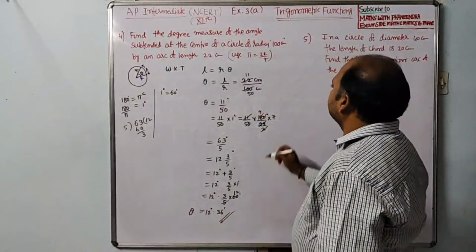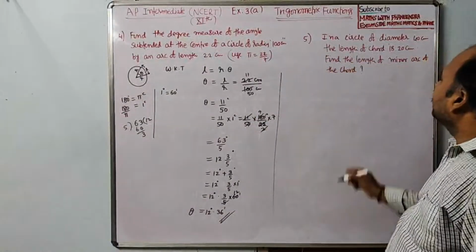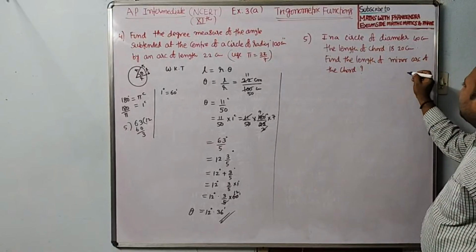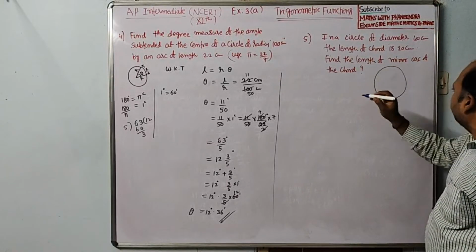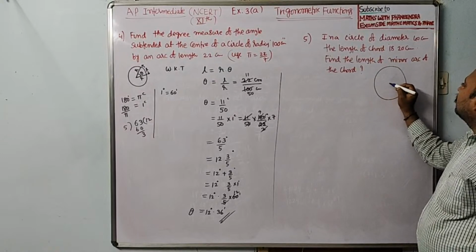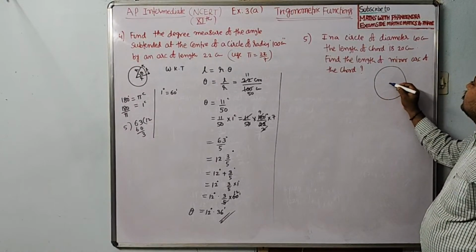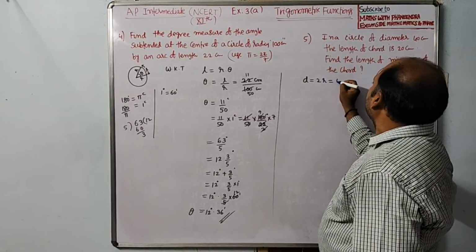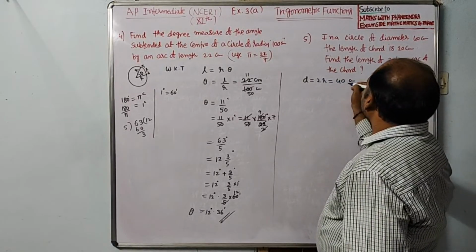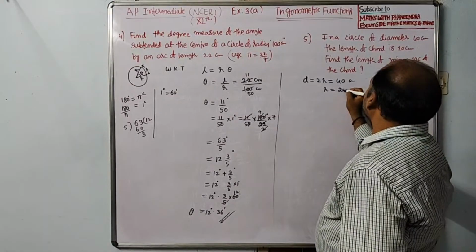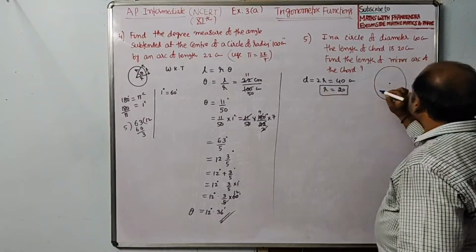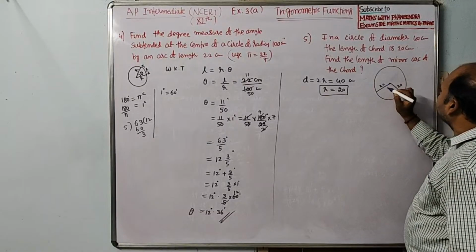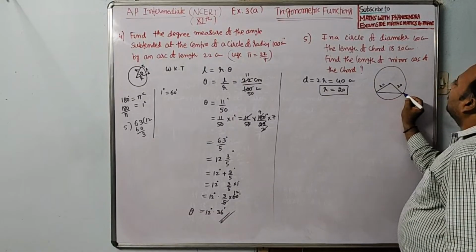This is the way we can come to this one. In the circle of diameter, circle figure, diameter means twice the radius is equal to 40 centimeters. So radius equal to 20. This is 20, even this is also 20.